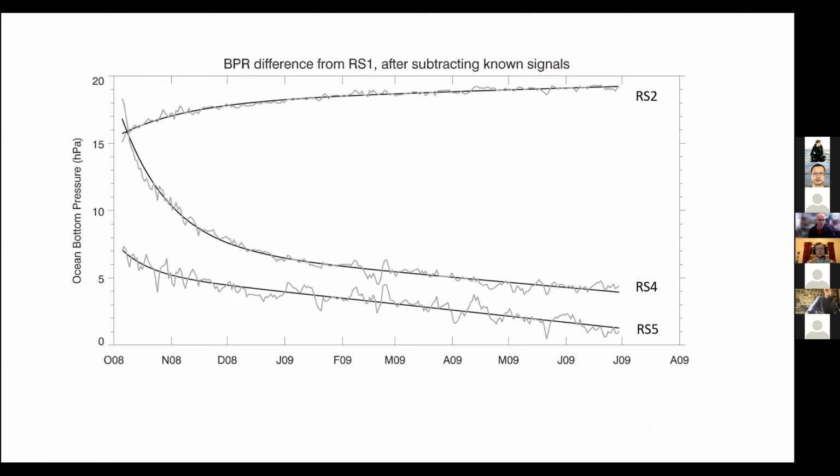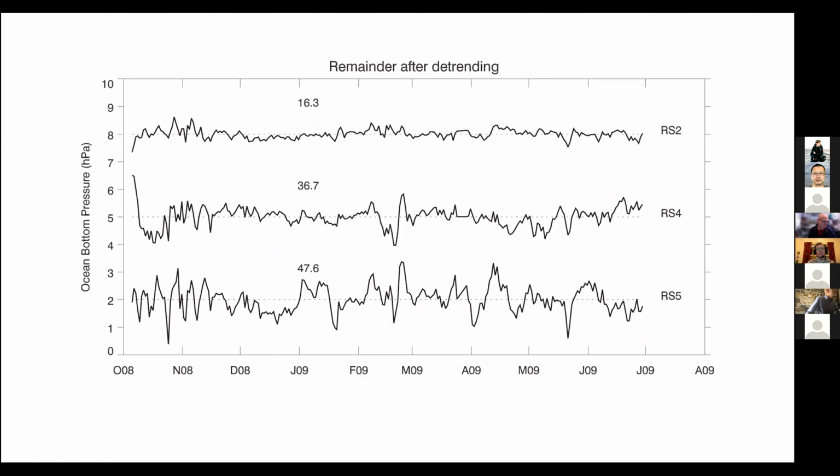That's what's left in the BPR measurement after we subtract out everything else. So it's the drift. And if you fit your exponential plus linear and remove that, then this is what remains. So that's the kind of level that you can hope to find for a tidied up signal if we use BPRs plus these ancillary measurements as a way of extracting out the ocean dynamics.